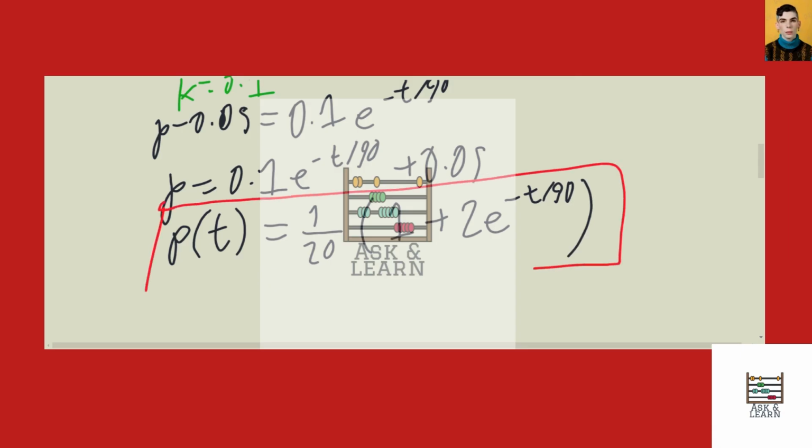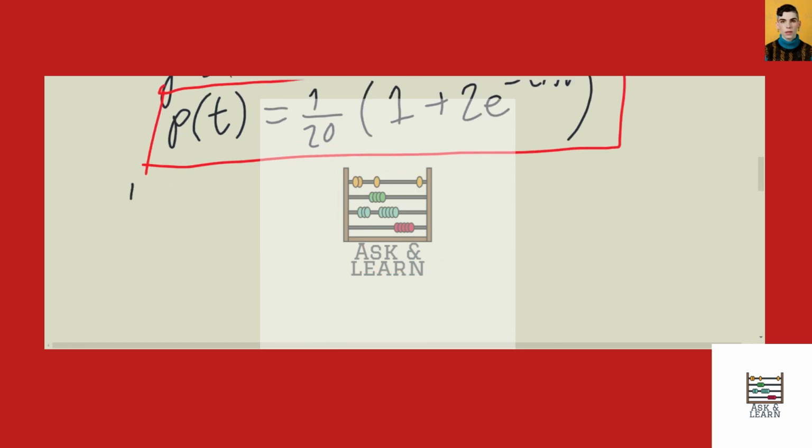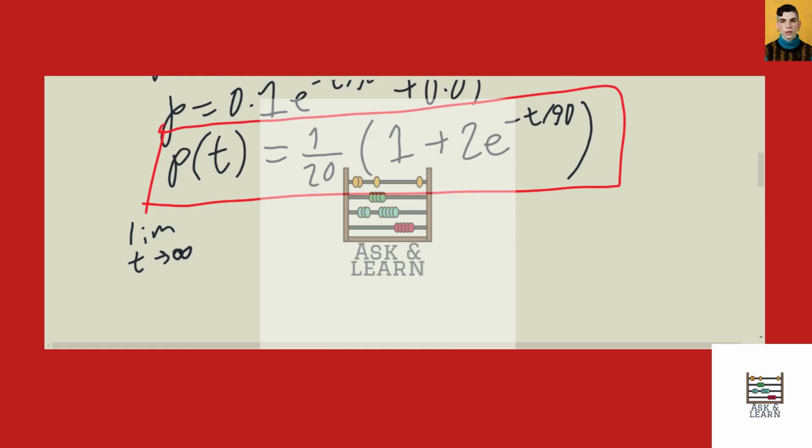And then it also asks what happens in the long run. So you're just going to take the limit of p of t as t approaches infinity of this 1 over 20 times 1 plus 2e to the negative t over 90.